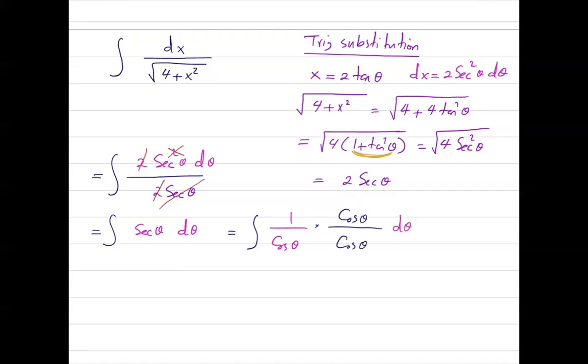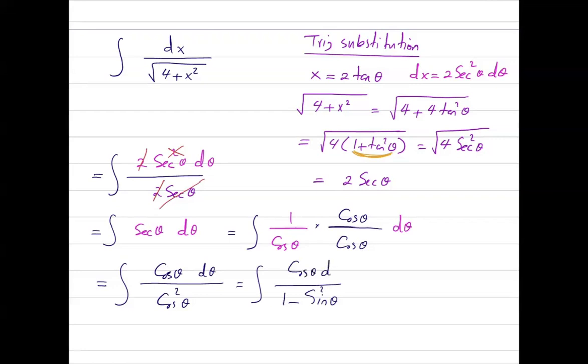Now this integral can be written as the integral of cosine theta d theta divided by cosine squared of theta. But cosine squared is 1 minus sine squared of theta. On the numerator, I have cosine theta d theta. I can go back to elementary calculus and use regular substitution.